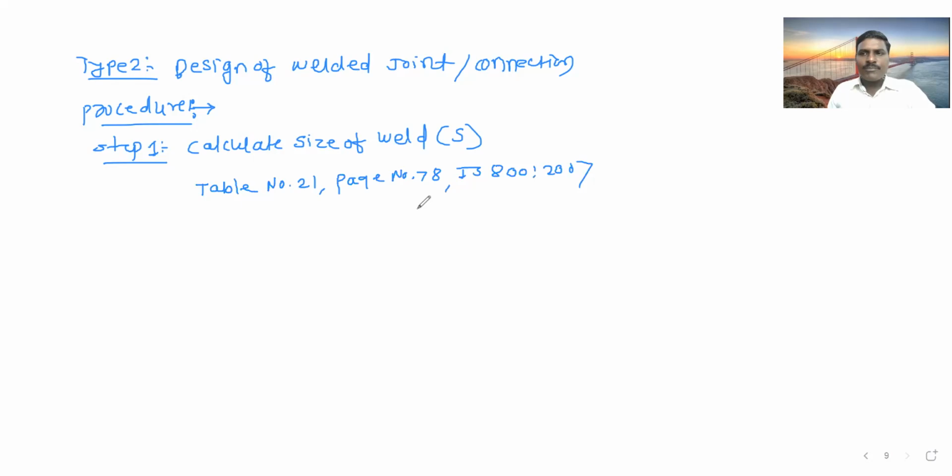Does anyone have the IS code? If you have it, see whether it is on this page. Because this is very important. Yes, sir. Why is this important? Because now I am here teaching you, that's why you are writing only. You are doing calculation. But if you don't go to page number 78, then you will not understand where this table number 21 is, how this is calculated, whether this is available in the IS code.